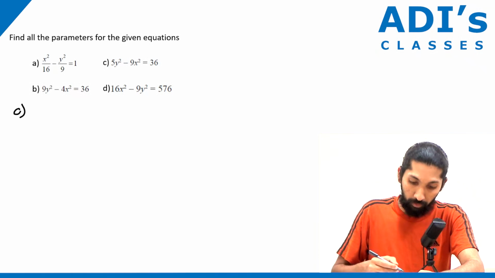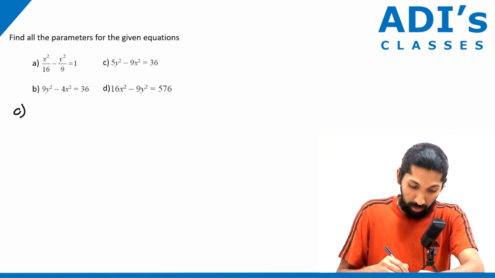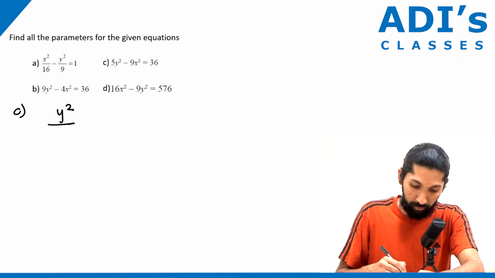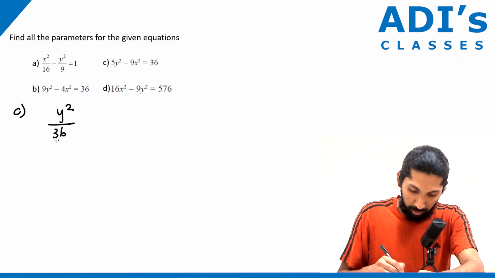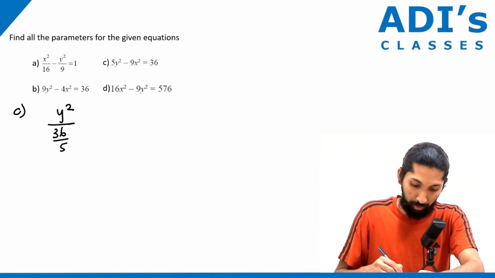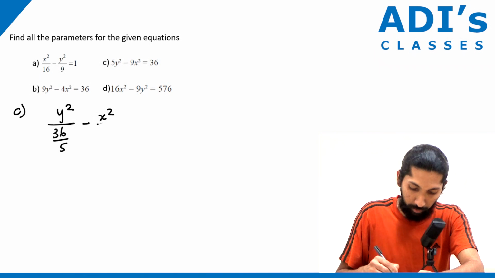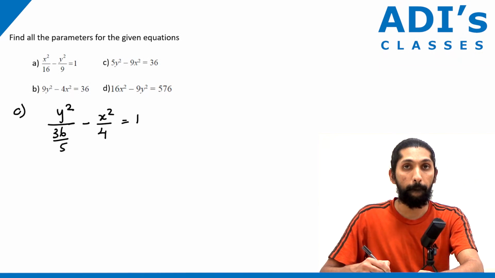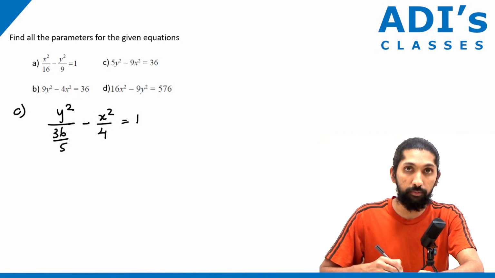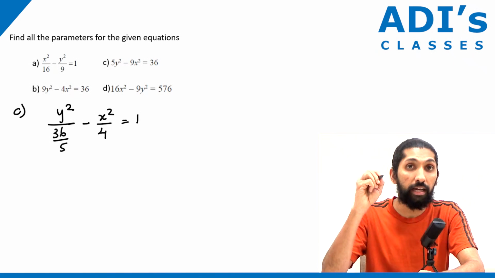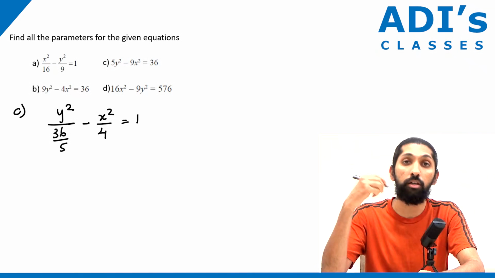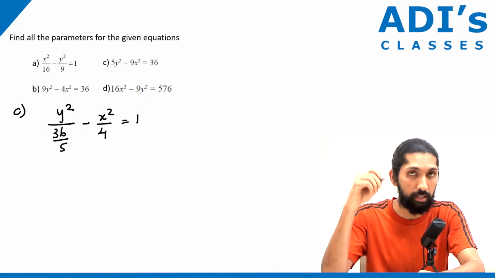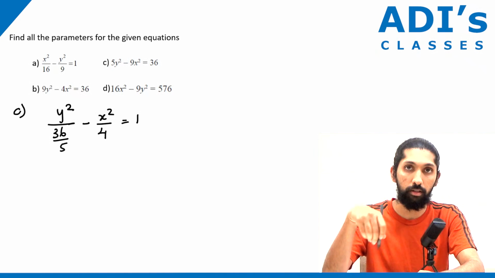When you divide by 36, you will get y square divided by 36 over 5 minus x square divided by 4 is equal to 1. Again, y is positive. That means it's a conjugate hyperbola. It's not a transverse hyperbola, it's a conjugate one.